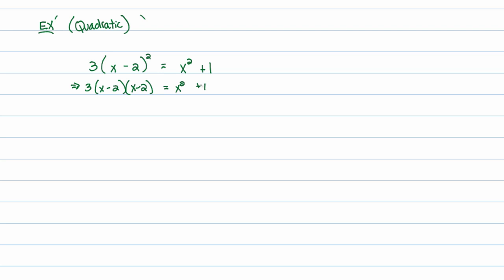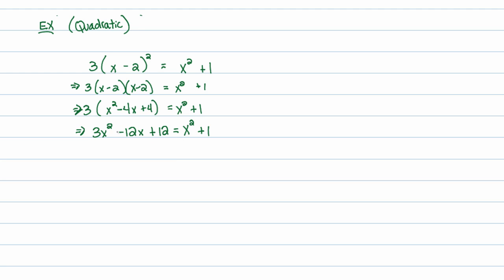So I'm just rewriting this. I'll distribute out that x minus 2, so that's 3 times x squared minus 4x plus 4. And again, just showing you all the little steps. Distribute the 3 through. It's not equals, it implies. 3x squared minus 12x plus 12 is equal to x squared plus 1.